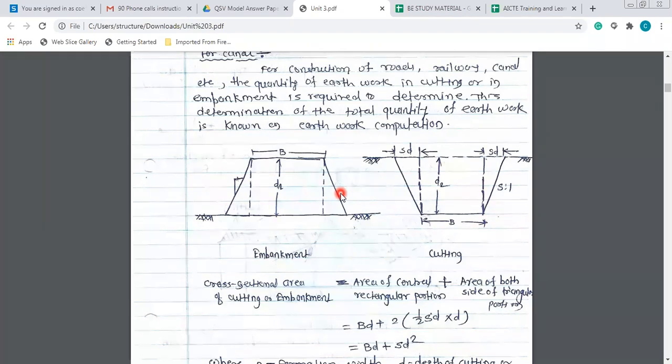For the earthwork quantity, generally we assume two shapes: road work in embankment and road cross section in cutting.